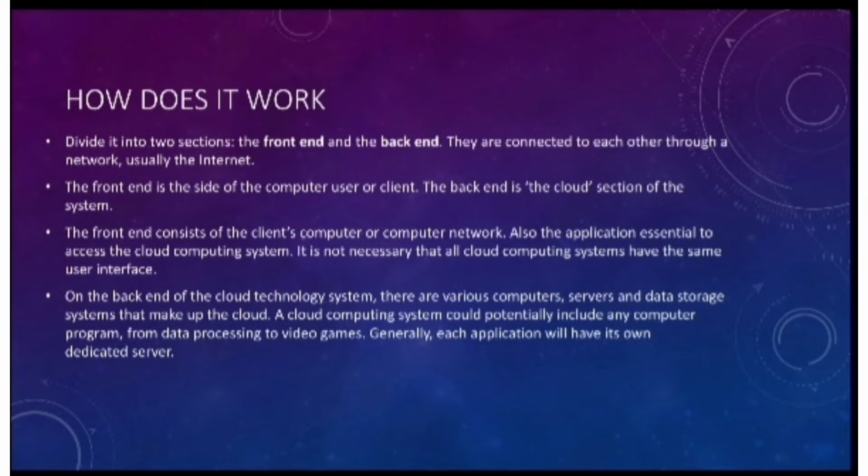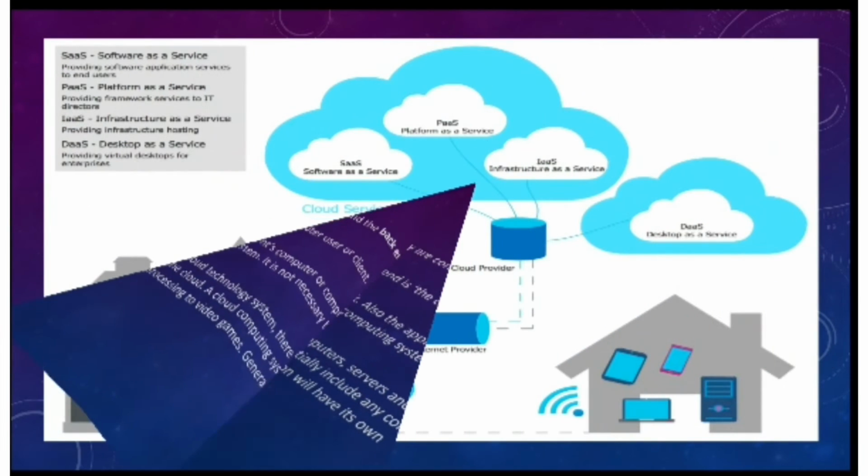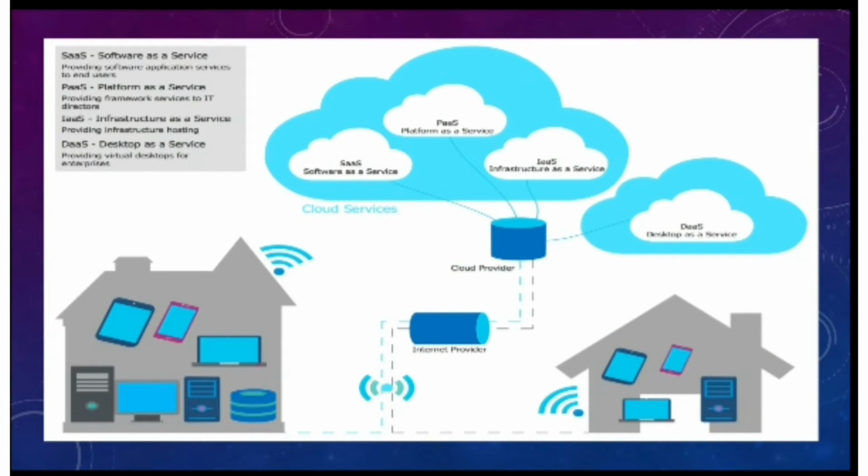Generally, each application will have its own dedicated server. So Facebook will have its own dedicated server, Instagram will have its own dedicated server. So it depends on the application. The cloud can store anything.